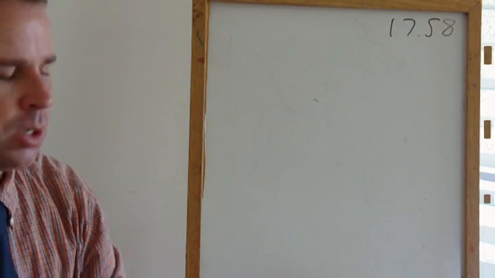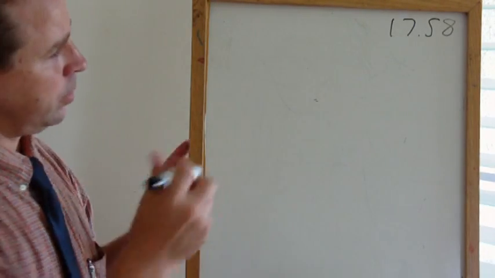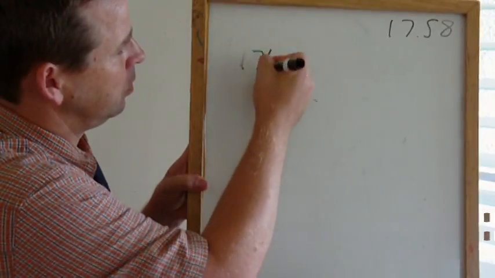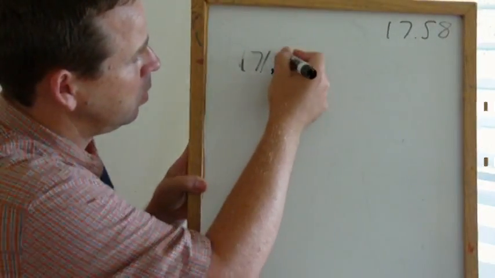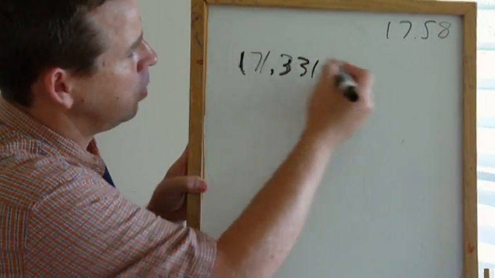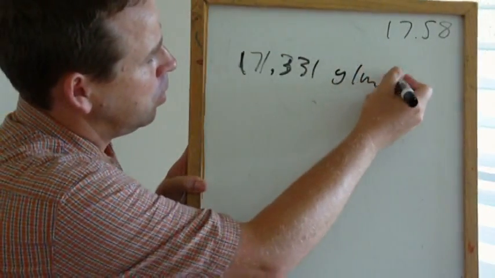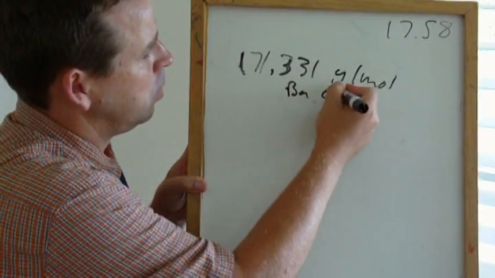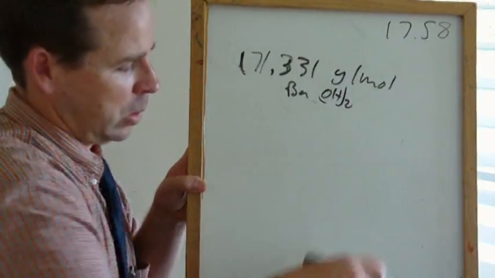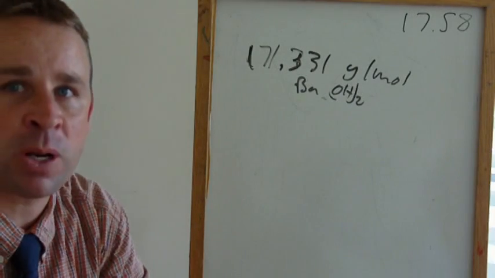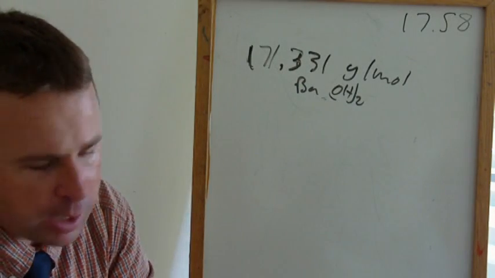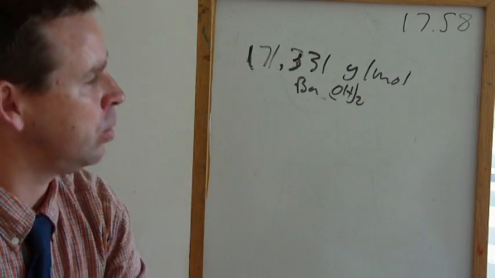All right, 171. So that is the molar mass of barium hydroxide, and that's how many grams there are per mole.